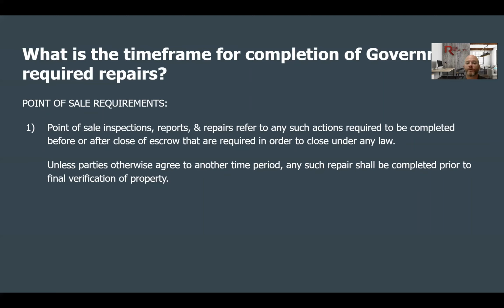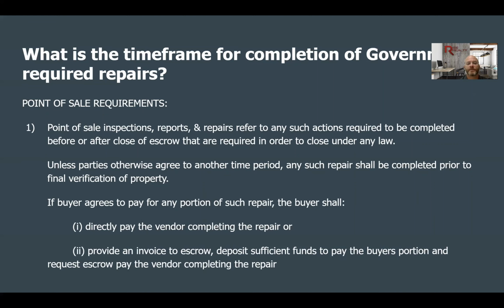Unless parties otherwise agree to another time period, any such repair shall be completed prior to final verification of property. If buyer agrees to pay for any portion of such repair, the buyer shall directly pay the vendor completing the repair, or provide escrow with an invoice, deposit sufficient funds to pay for the buyer's portion, and request escrow pay the vendor completing the repair.